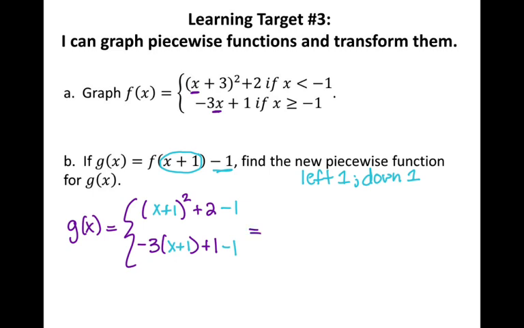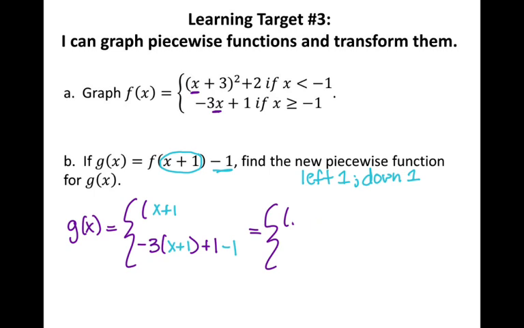Now from here we can simplify what we can. So I have x plus 1 squared, 2 minus 1 is 1, so plus 1. I feel like I messed up somewhere. Oh, shoot. Here it is. I'm going to erase.